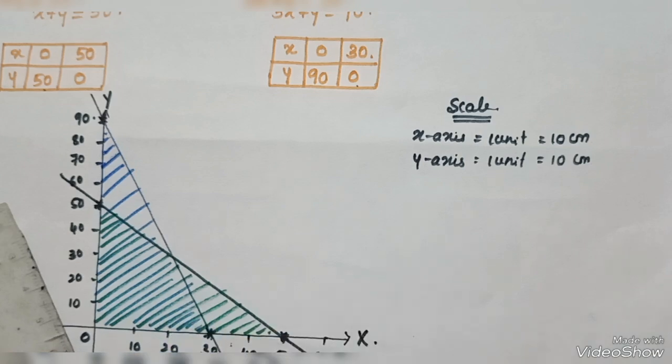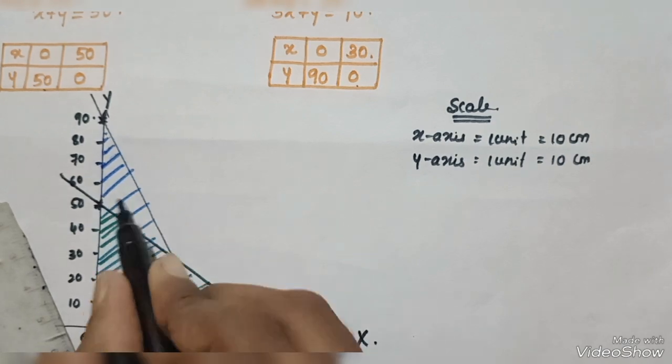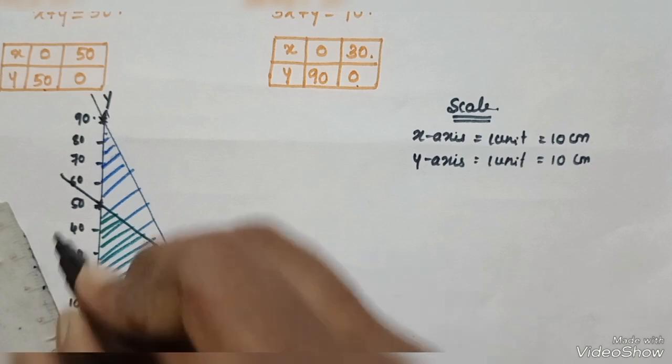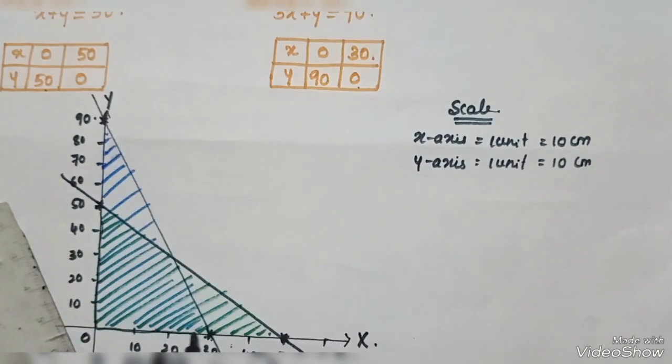Now what is the common region? What is the common region here? This is the common region for both graphs. So this is our visible region. That is, we have to consider the points.